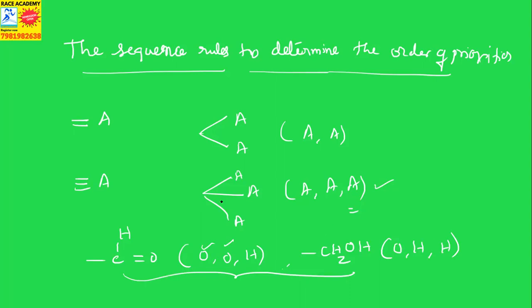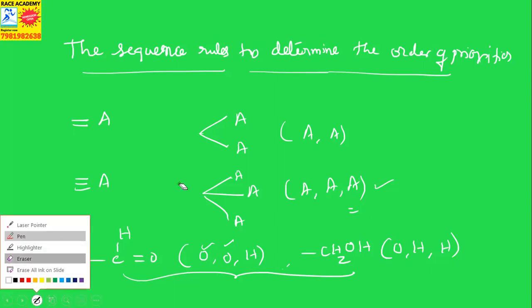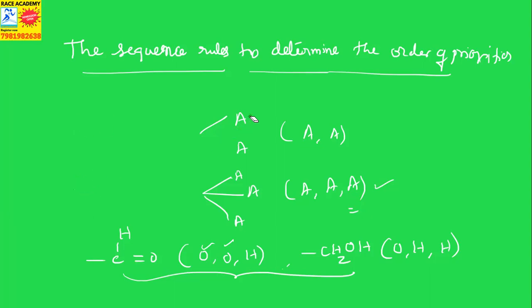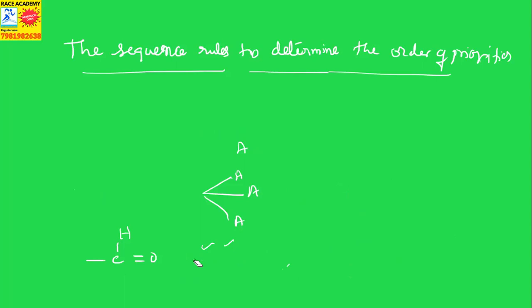Okay. Now we will see another example for this, that is, a phenyl group. Suppose a phenyl group is there.